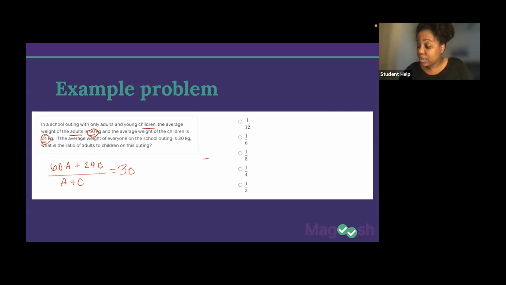The next hint is you can use elimination. When you finish, you'll have two equations, a system of equations, and you can use the elimination process to find your answer. I don't know if you remember elimination.